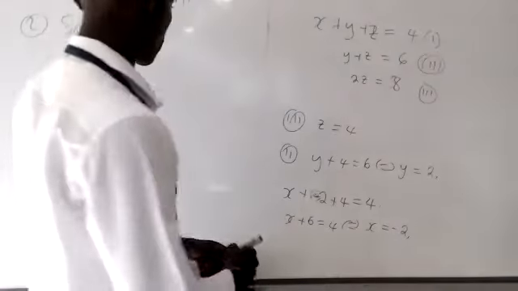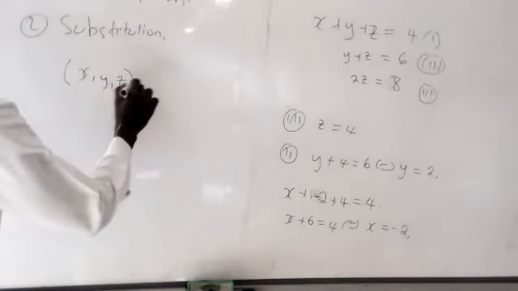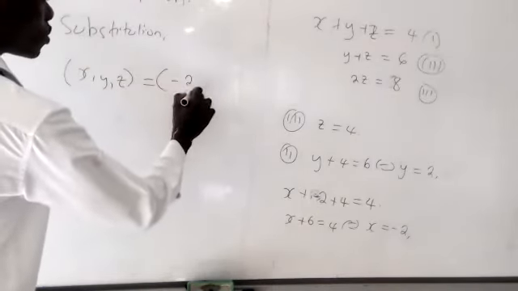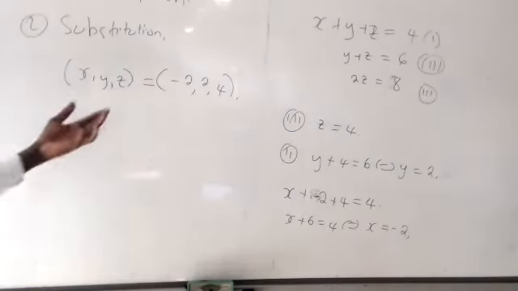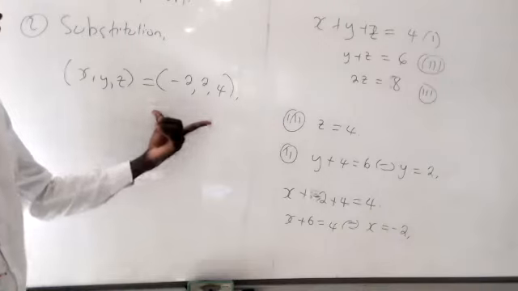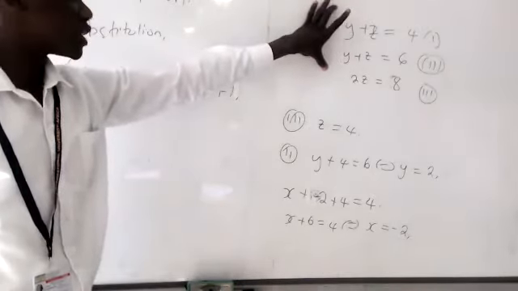So if you take the set of values x, y, and z, so x is minus 2, y is 2, and z is 4, this set will be a solution of this system if all the three equations are satisfied at the same time.